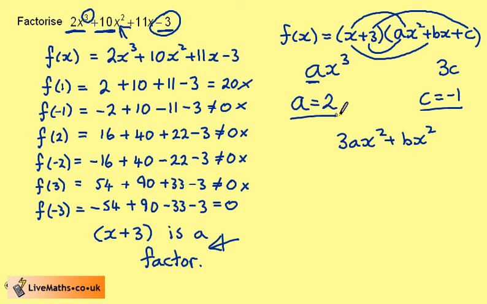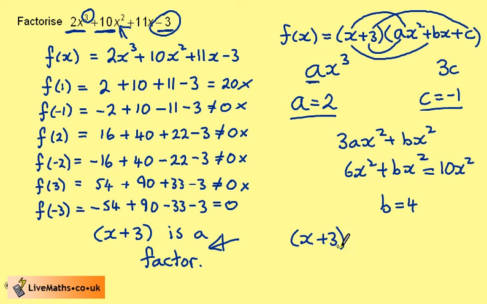We know, however, that a is equal to 2, so this is 6x squared plus bx squared, and this has to be the same as 10x squared. It follows that b must be equal to 4, and so we've found a, b and c, and we can write down x plus 3, 2x squared plus 4x minus 1, and if we could factorize the quadratic into two brackets, we would do so, but this one does not factorize.